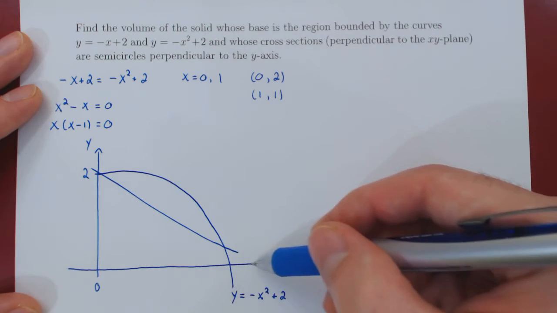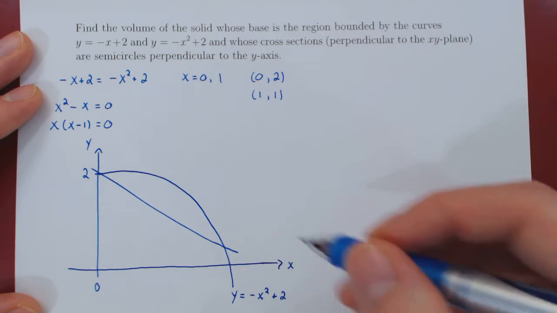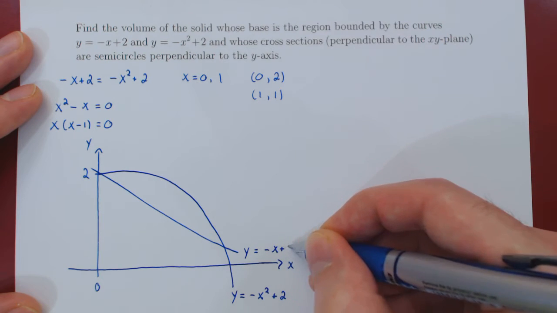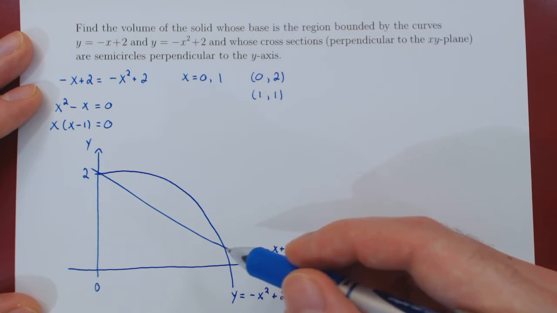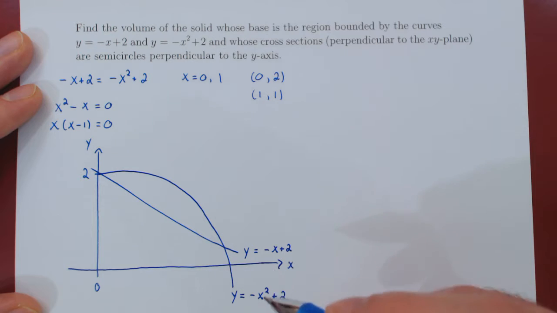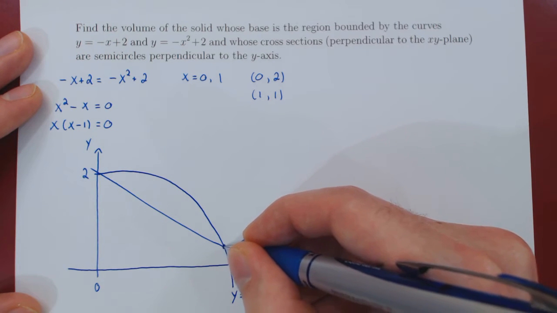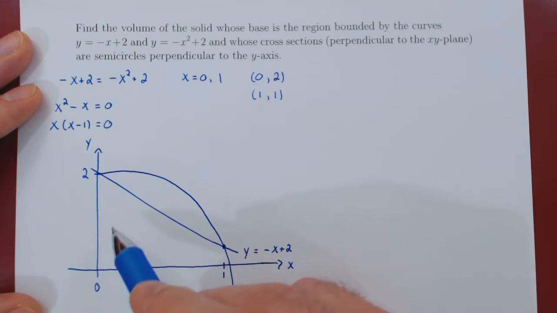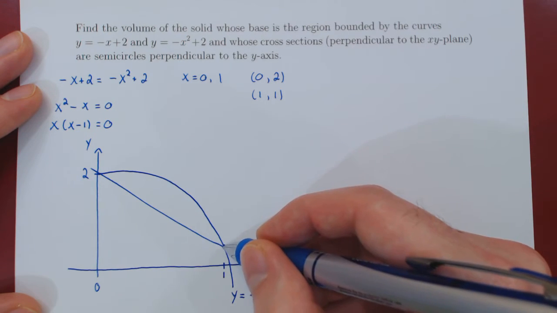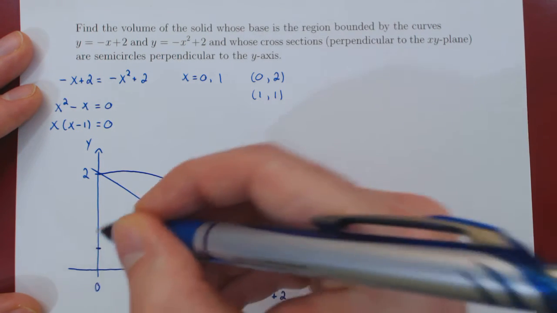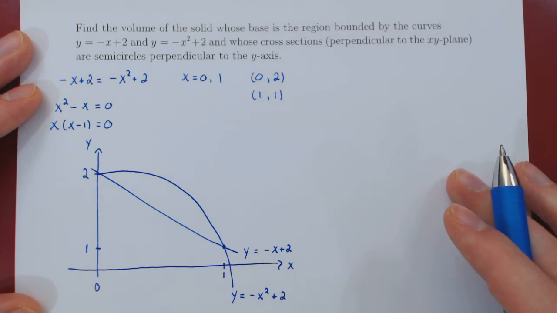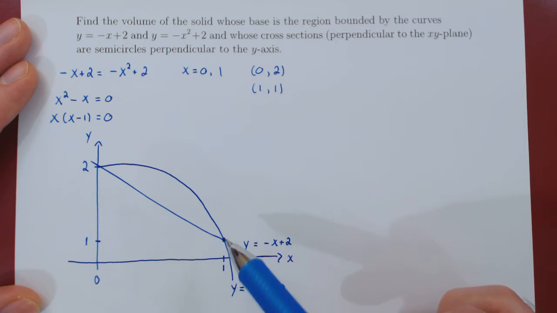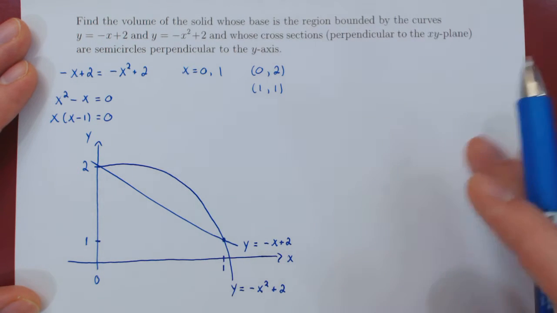And the other curve, of course, is a line, y equals negative x plus 2. And our second point of intersection was the point 1, 1. It's fairly clear from my picture, of course, that this is not up to scale, but that's not important. So we have the region in the first quadrant that corresponds to the base of our solid.